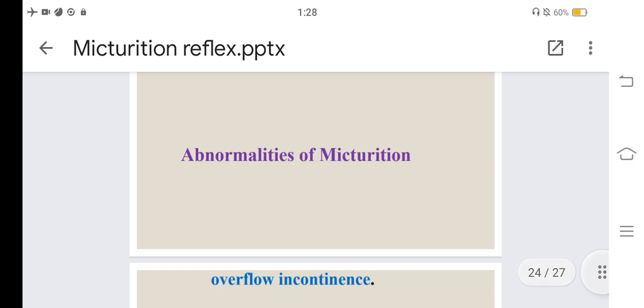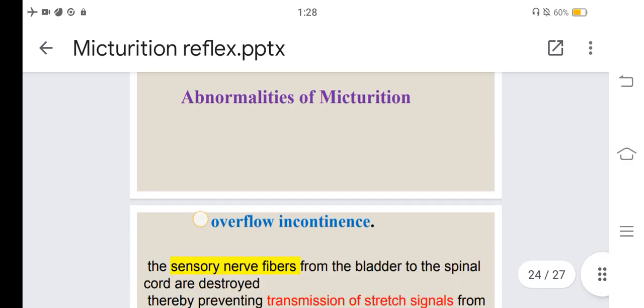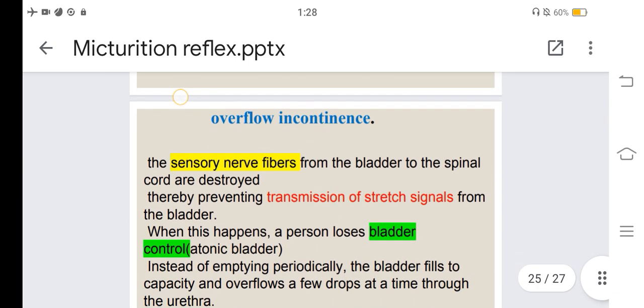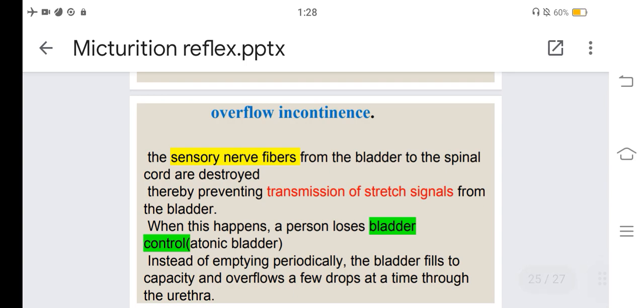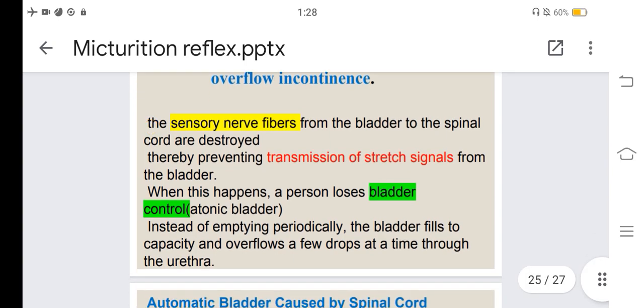There are some abnormalities of micturition, like overflow incontinence. The sensory nerve fibers from the bladder to the spinal cord are destroyed, thereby preventing transmission of stretch signals from the bladder. When this happens, a person loses bladder control, or atonic bladder happens.